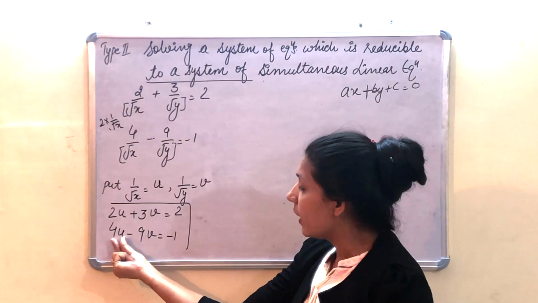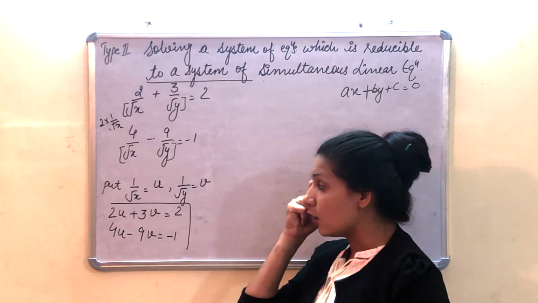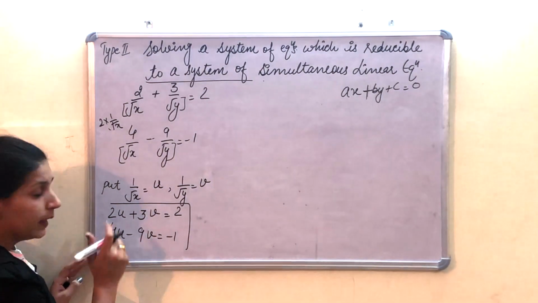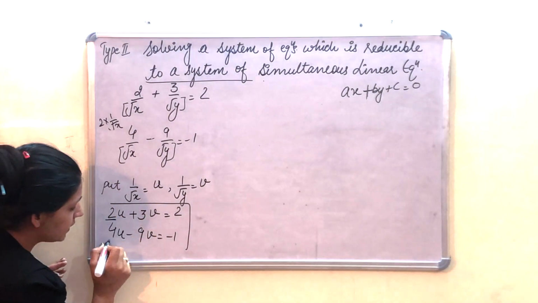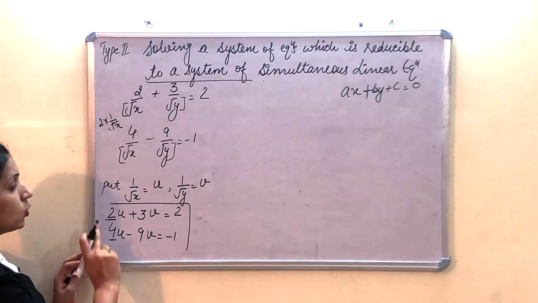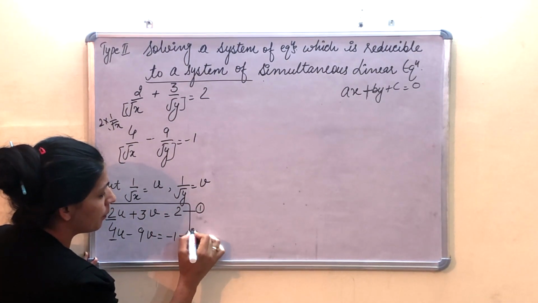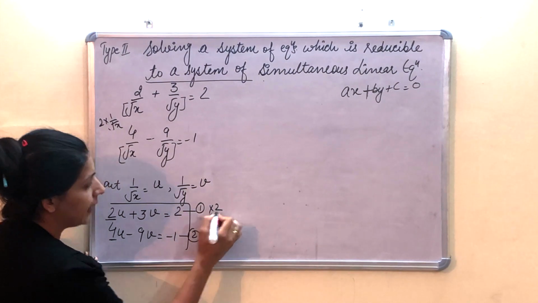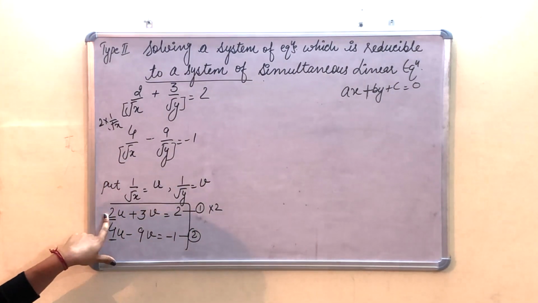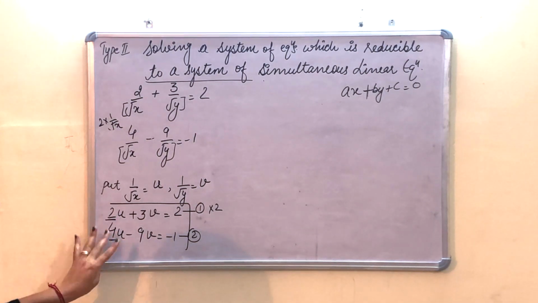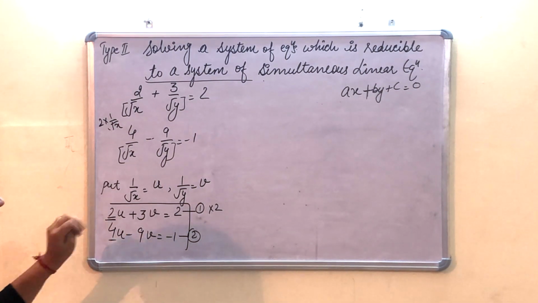But here the variables are u and v. So we make the coefficients of u equal. Here it is 2 and here it is 4. So if we multiply our first equation by 2, then 2 twos are 4u. It means both coefficients of the variable u are the same.